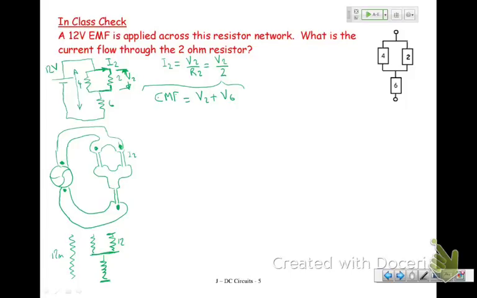So let's substitute in. 12 is equal to the voltage drop across the 2 plus the voltage drop across the 6. So the voltage drop across the 2 is equal to 12 minus the voltage drop across the 6, because that's what I need to find. Again, I don't know V6. V6 is the voltage drop across here.